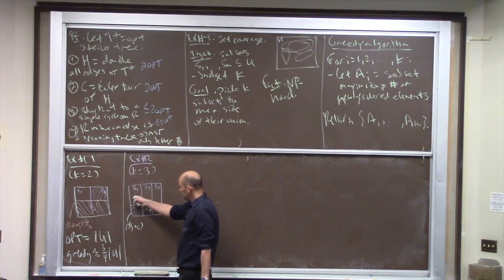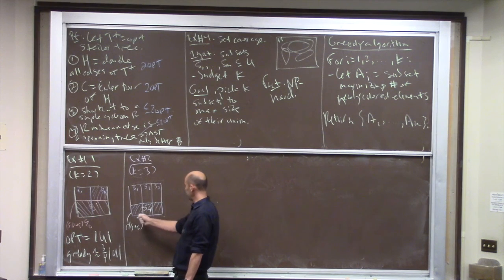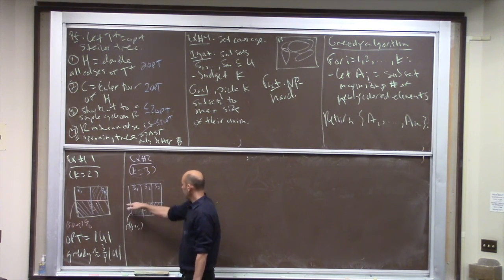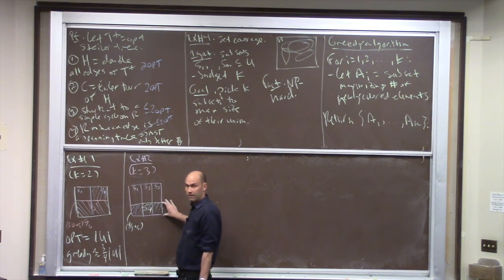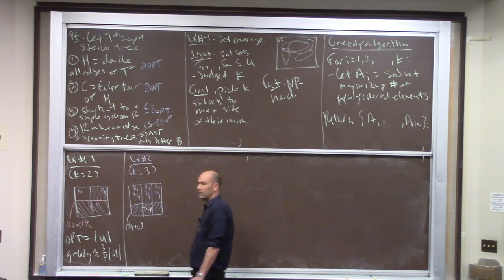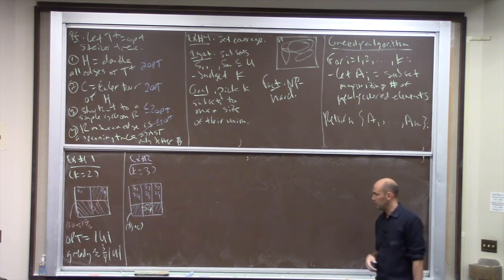So suppose the greedy algorithm picks set S1. What would be the benefit to it? Notice that each of these columns is 1/3 of the rectangle, and this is also about 1/3 of the rectangle. So in the intersection, one of these small squares, that's 1/9 of the universe. We have 2/9 currently in each of S1, S2 and S3, relative to the elements already covered in the first iteration by greedy.